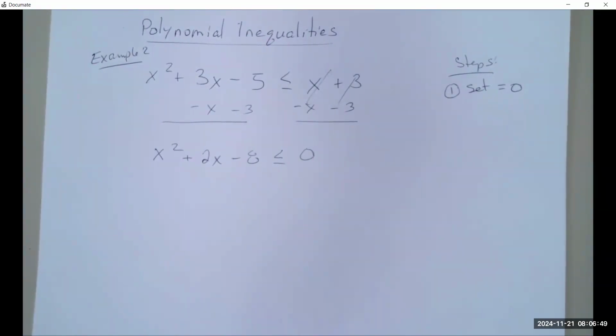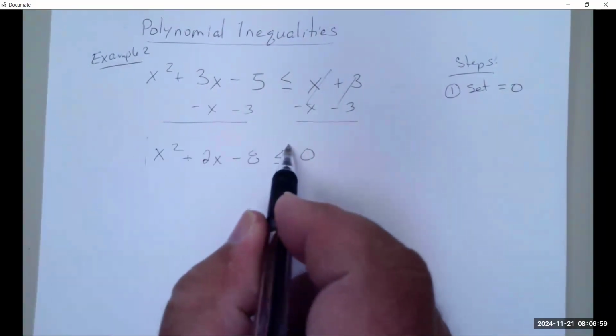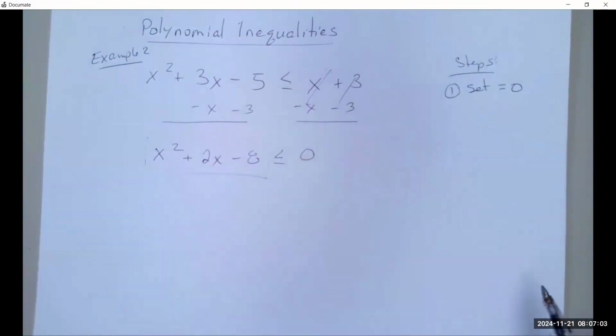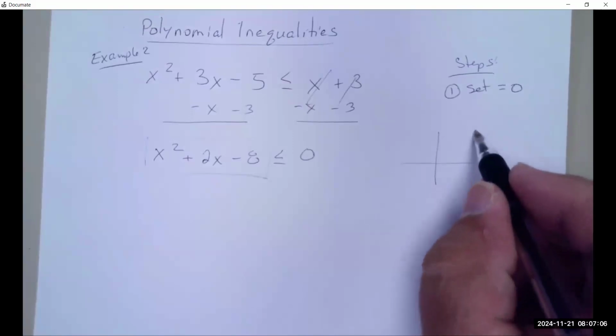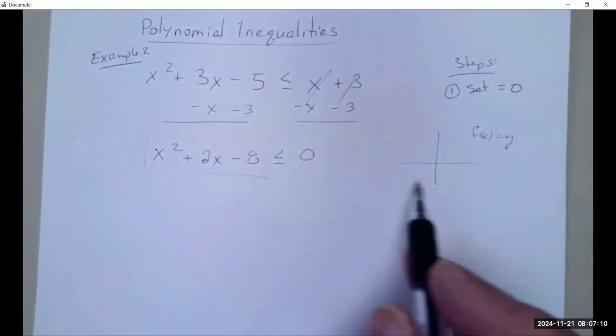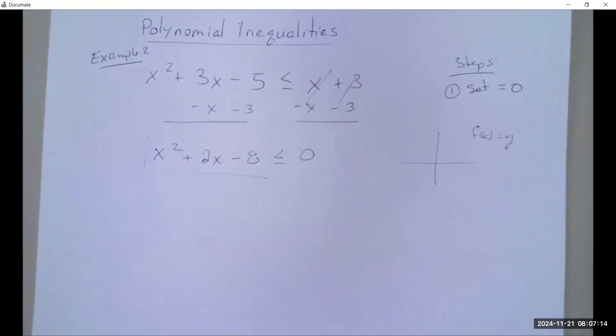Because we're looking for where y is 0, but we have to find the x. We're looking to see where this function is below 0. In other words, the function is f of x, which is the y values. Where are the y values below 0, which is where is the graph below the x-axis?